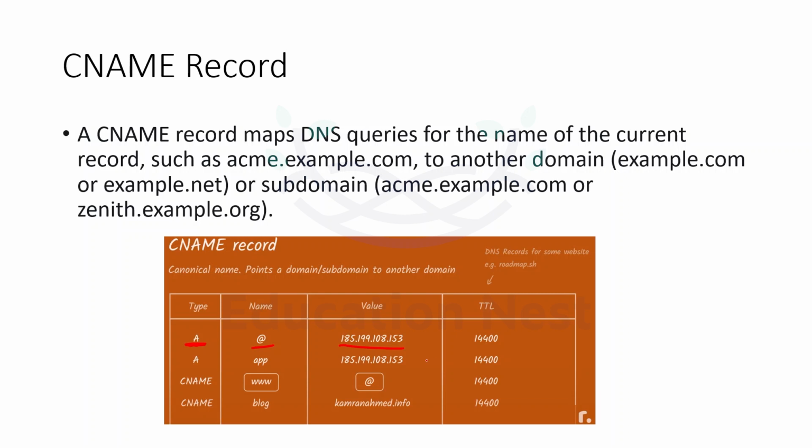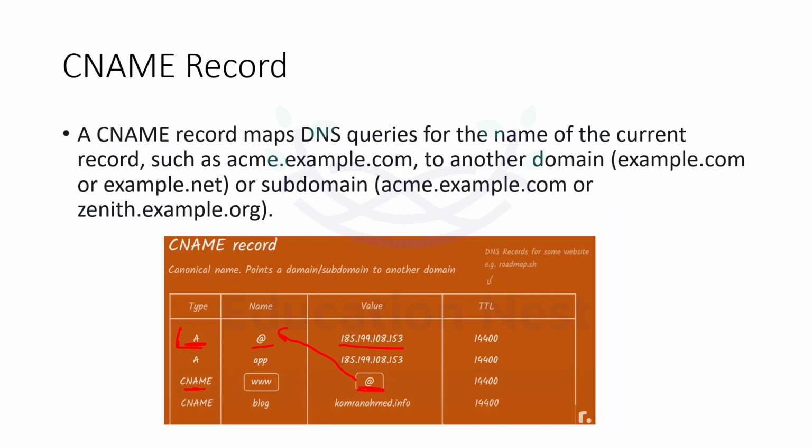Now the CNAME might be www dot something. That would be mapped to another record that is already created. So it is mapped to this @, and @ is already created with the A record. So it will point to this A record and then fetch the IP address from there. It is kind of chaining.